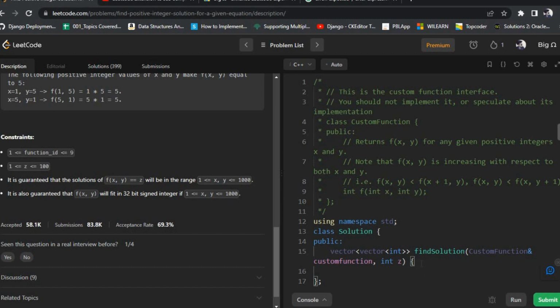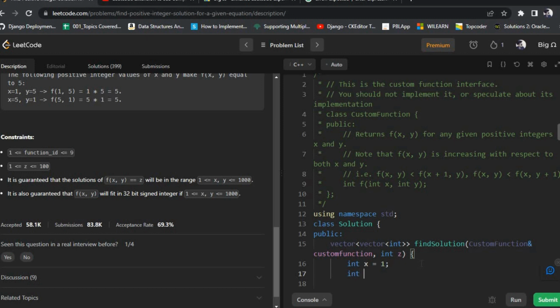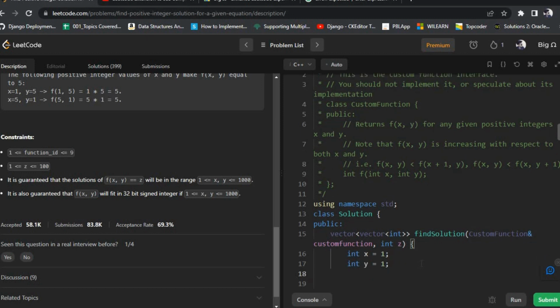So we take int x equal to 1 and int y equal to 1, and we have to return a vector of vectors, so we take this variable, answer.